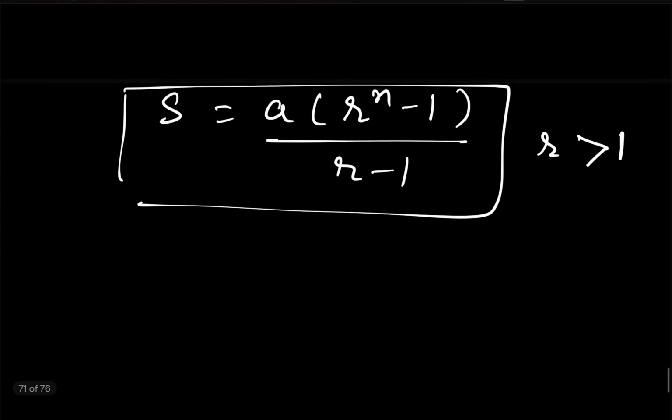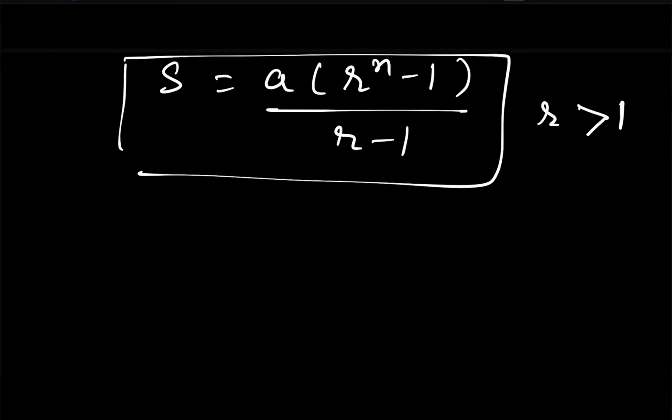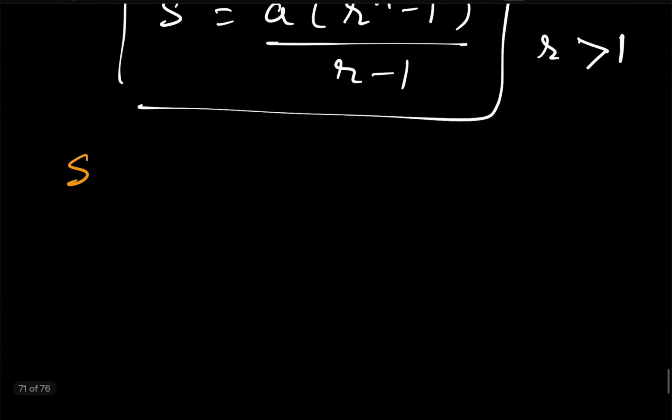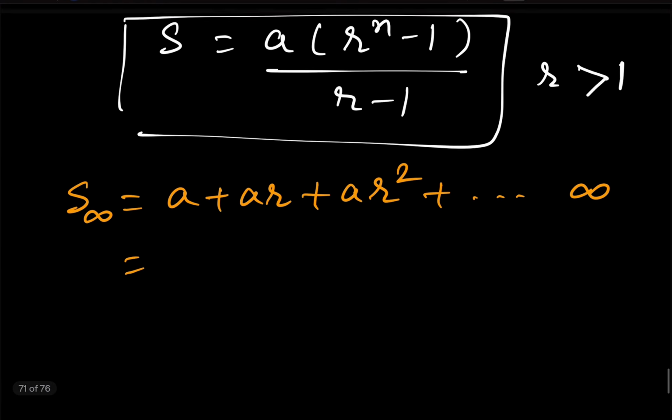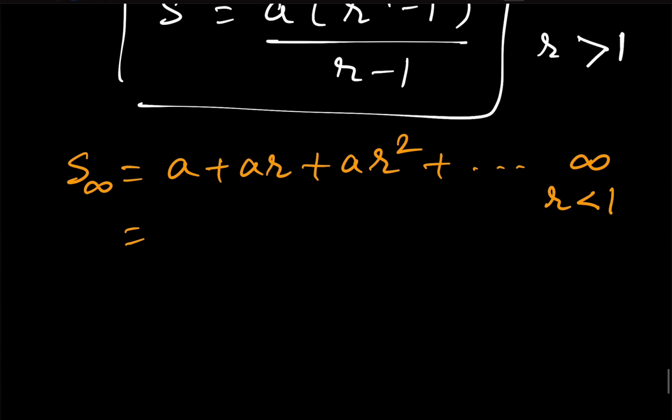Now let's see the sum of an infinite series of a GP. That is, S is a plus a r plus a r squared, and so on till infinity. It is represented by S infinity. Here you have to keep in mind that r must be less than 1, then only it is a finite summation. Otherwise, if r is greater than 1, S infinity will also become infinity.